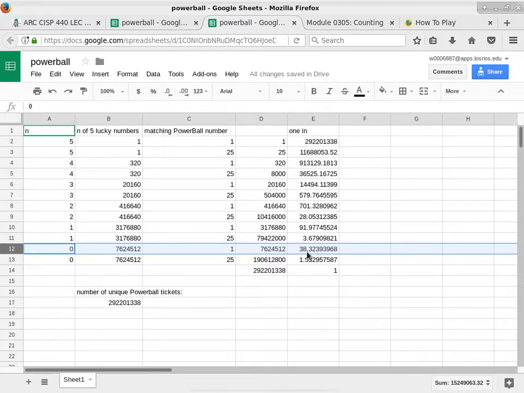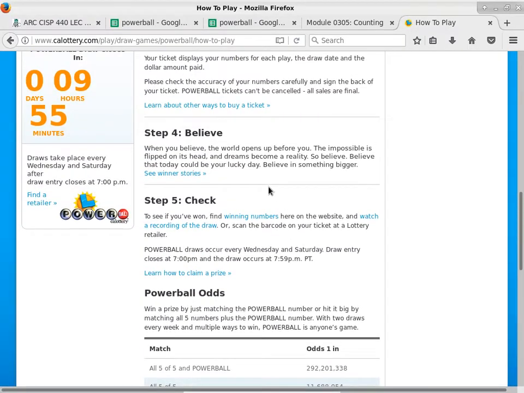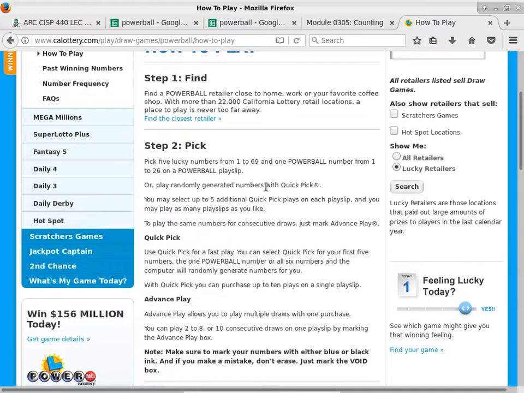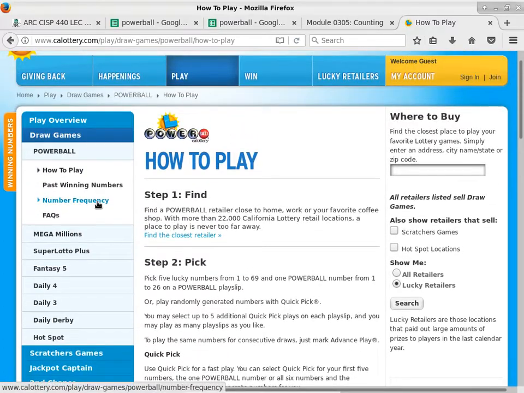Yep. I'm interested in the amount of people that, when they don't match all 5 numbers, come and claim the lower prizes, if they even know about it. Okay, so that's a really good question. They keep a log of how many people won each prize for the past few games. So we can look at past winning numbers.